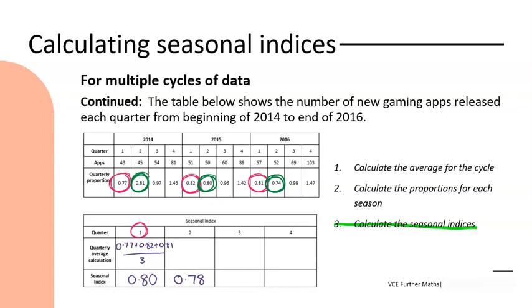Again, quarter 3, I've got 0.97, 0.96, 0.98, and when I average those, 0.97. Finally, quarter 4, 1.45, 1.42, 1.47, and that gives me an average of 1.45 as my index.